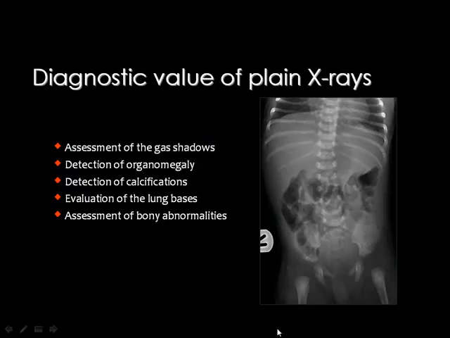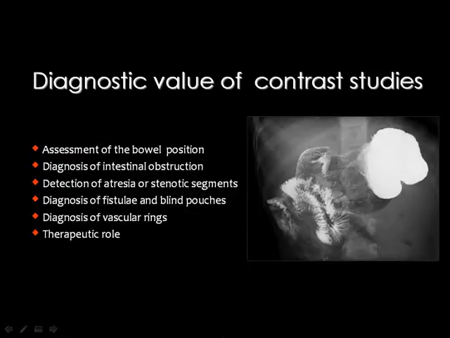ultrasound. The value of the plain X-ray in assessment of the gastrointestinal tract includes assessment of the gas shadow, detection of some organ enlargement, detection of intra-abdominal calcification, evaluation of the lung bases for any pathology, as well as assessment of the bony skeleton seen in the plain radiograph.